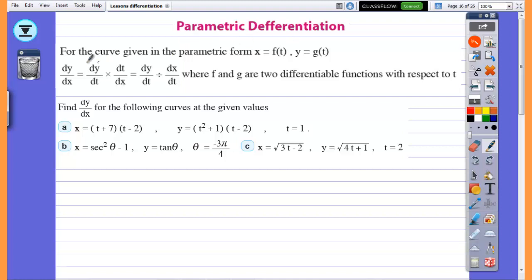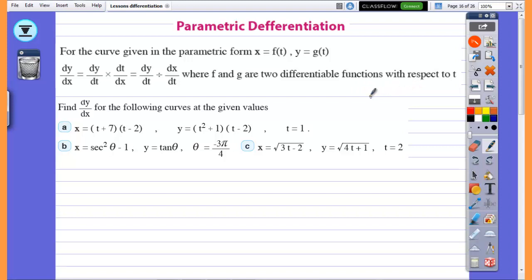Parametric differentiation for the curve given in the parametric form x equals f of t and y equals g of t. dy/dx equals dy/dt multiplied by dt/dx, which equals dy/dt divided by dx/dt, where f and g are two differentiable functions with respect to t.